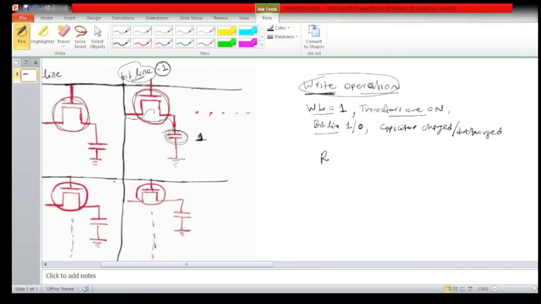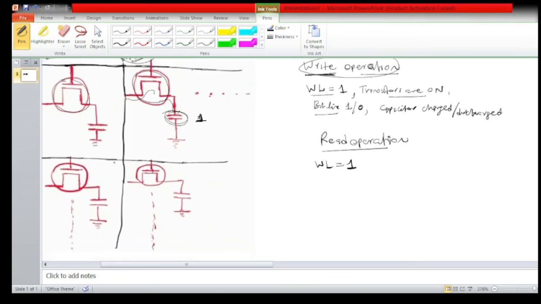And the second one is the read operation. For the read operation also we need the word line equal to 1, which means again the transistor is on.